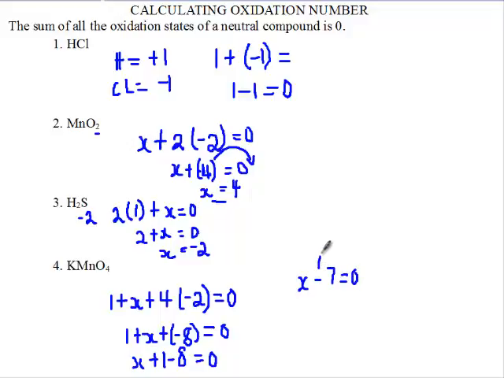Now we send -7 across the equal sign so that we can get X is equal to +7. So in this case, this manganese here has oxidation state of +7. Over here, the manganese had oxidation state of +4. So for transition metals, they always have varying oxidation states.